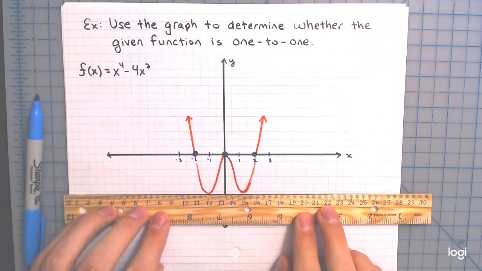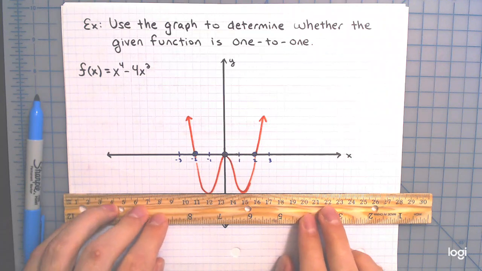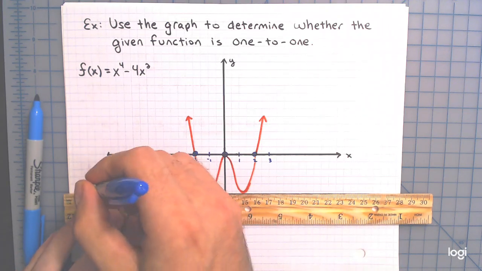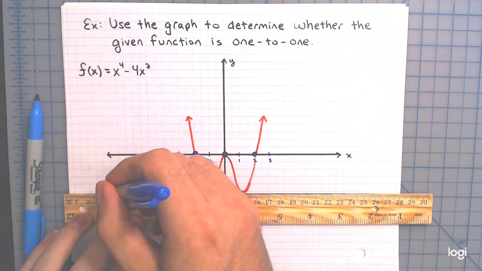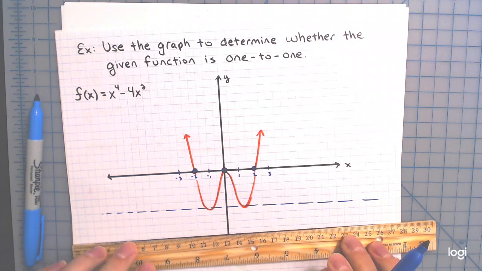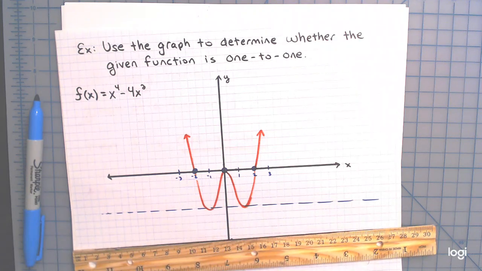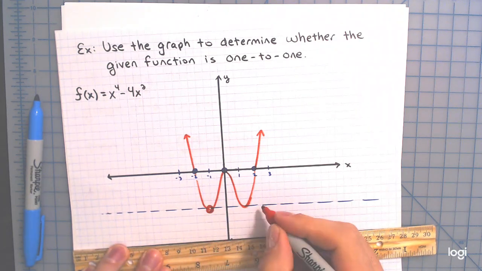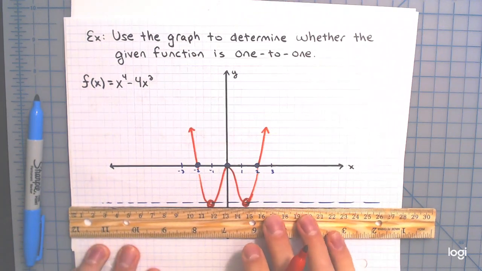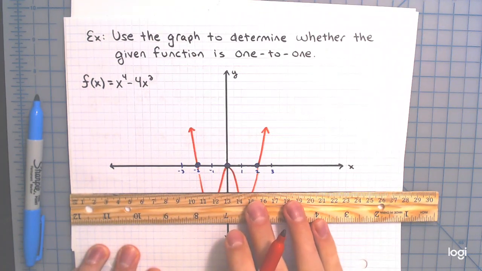But then look, as soon as I hit here, this horizontal line, and I'll dot it in, that horizontal line hits the graph more than once, here and here. And as you slide the horizontal line up, this horizontal line hits it more than once.